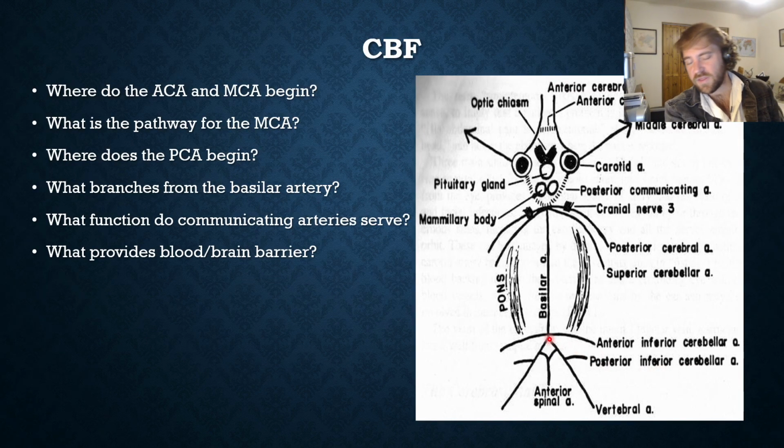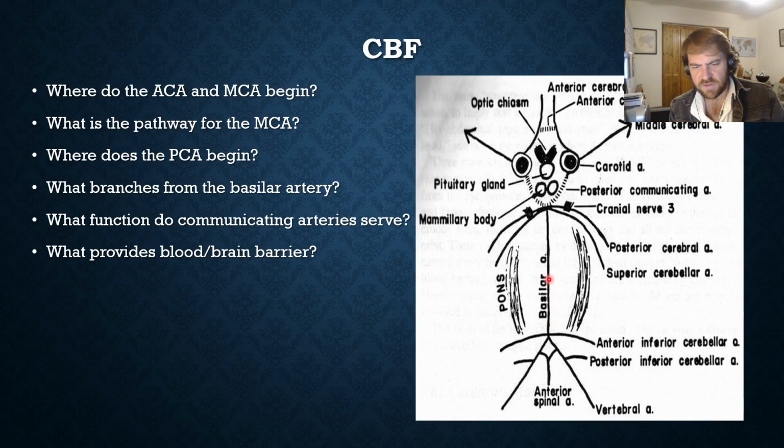You're not really on the hook for knowing where the posterior cerebellar artery comes from. Just know that it's another thing that can be served from the same general area. Then after they come together, you've got the anterior inferior cerebellar artery coming off of there, and everything has now come together to form the basilar artery.